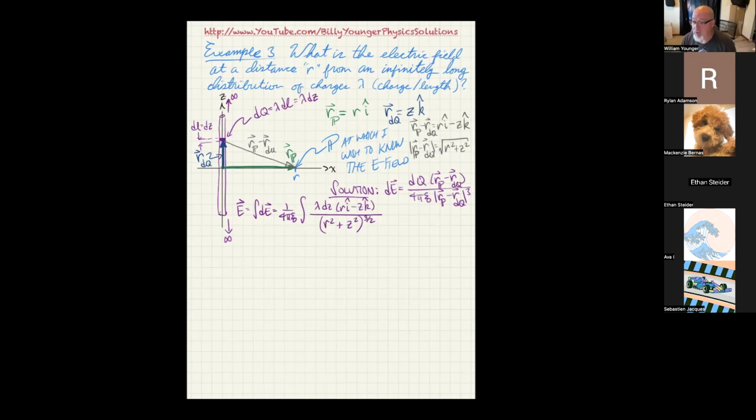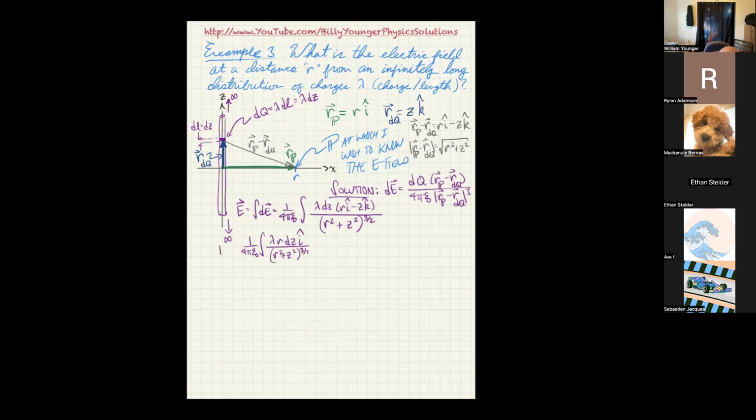Now we've got to integrate that, which is not going to be as bad as you might think. Okay. So what I can do is say there's going to be a part that's due to the i hat, and then a part that's due to the k hat. So I have one integral that's going to be 1 over 4 pi epsilon naught times the integral of lambda times r times dz times i hat over r squared plus z squared to the 3/2.